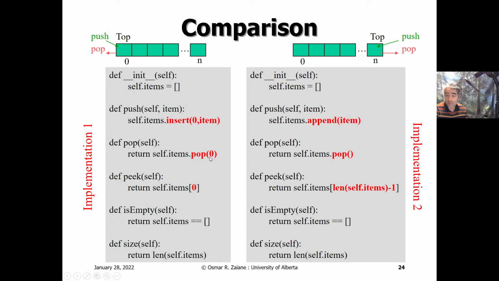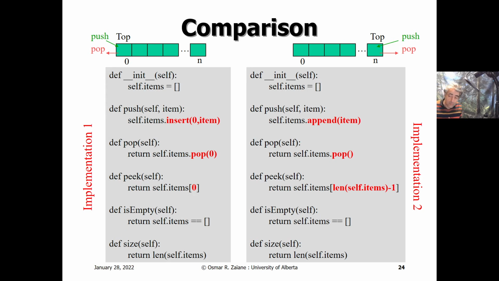Instead of popping at position 0, I pop from the end. Instead of peeking at position 0, I peek at the last position. That's the only difference. Okay, so what we'll do, we'll scrap implementation 1, replace it with implementation 2, and let's use it.